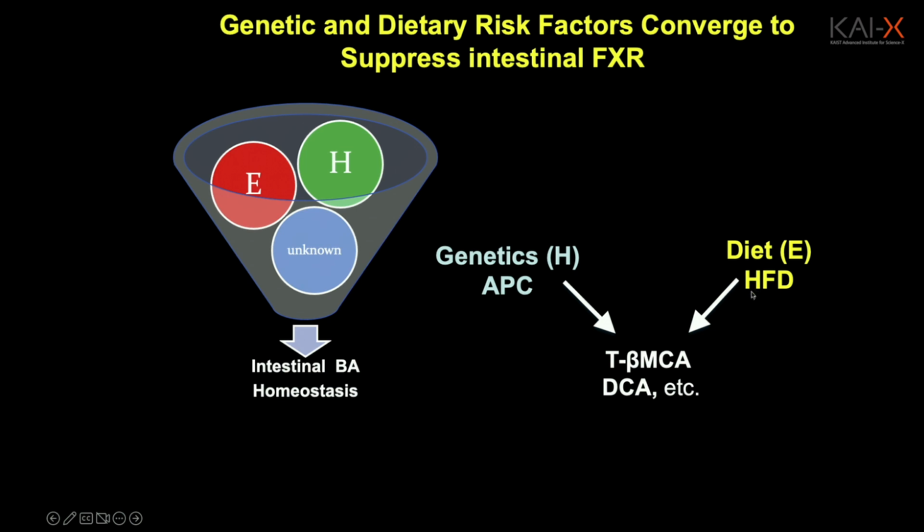We have the diet, like high-fat diet, that is sort of converging on changing taurobeta-muricholic acid, the deoxycholic acid, and other bile acids. We've profiled them all. Acting on FXR, and these altered bile acids almost universally are antagonistic to FXR activation, and that reduces FXR.